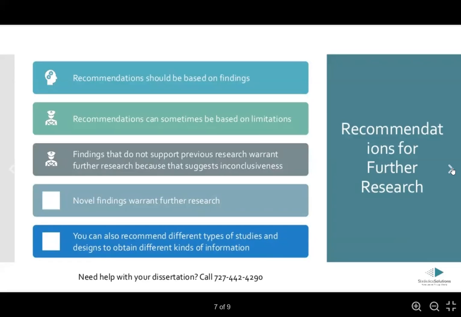So again, just identify what can be done to understand more about a particular finding that you've identified. And that goes for novel findings as well. If you find anything new throughout your dissertation, those are really good channels for future research as well.